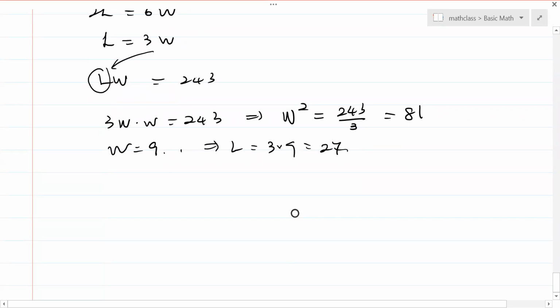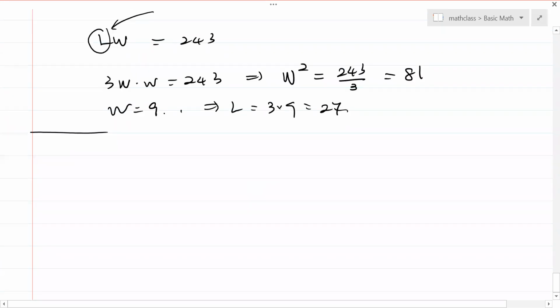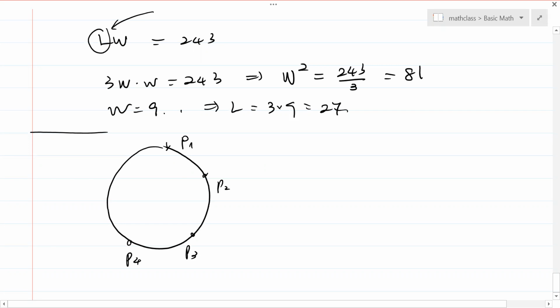Here's another question. We want to count the number of chords. You have a bunch of points: P1, P2, P3, P4.